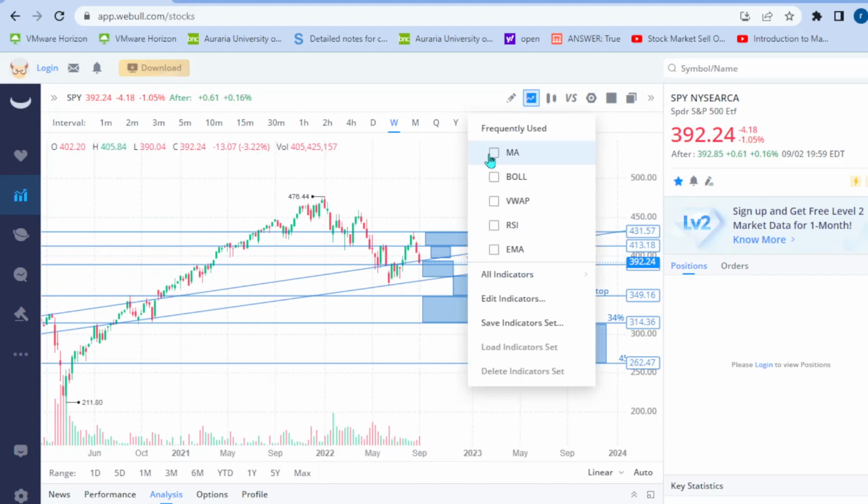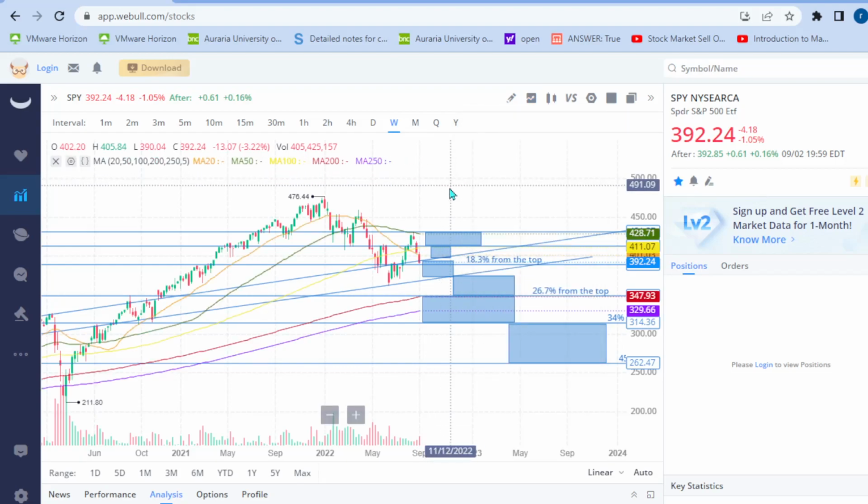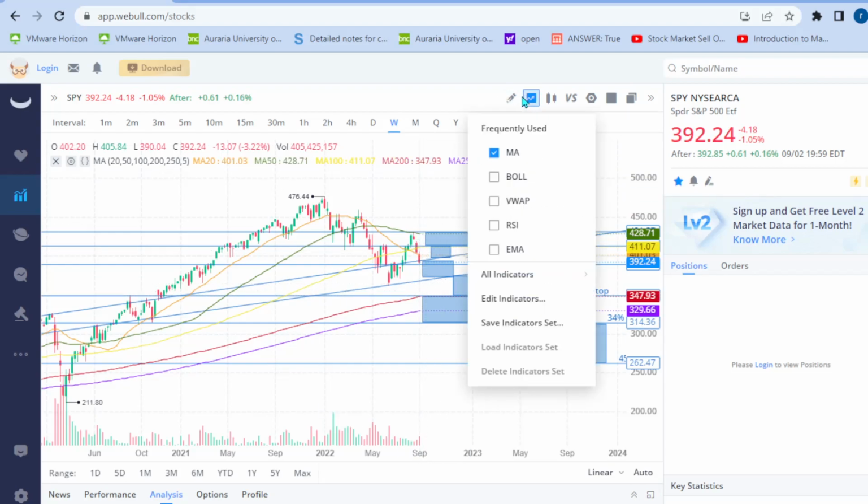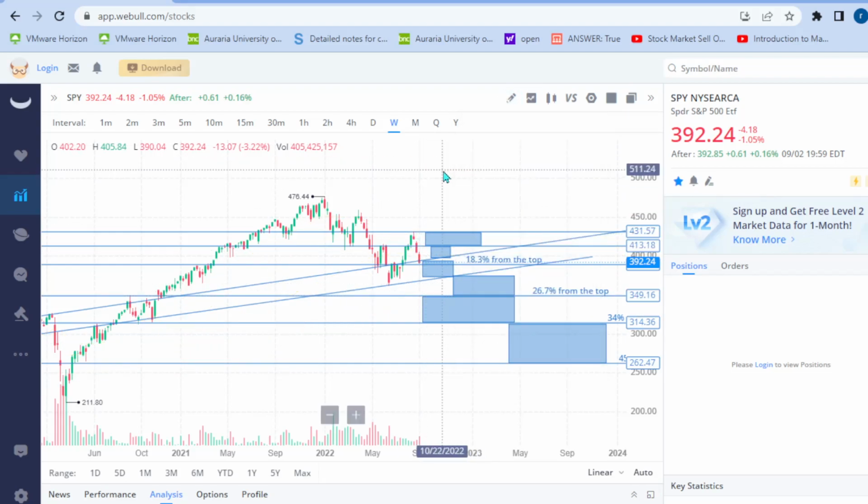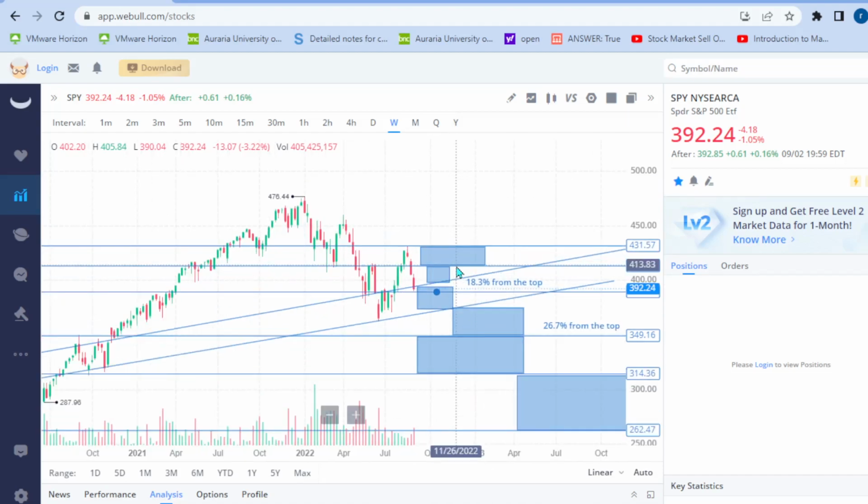Now, let me go ahead. Let's introduce the moving averages. If you look, you see this area is coinciding with the 200 moving average on the weekly time frame. So that is why it's very important. So this zone can literally go from the bottom of this trend line to this 349.16 area.